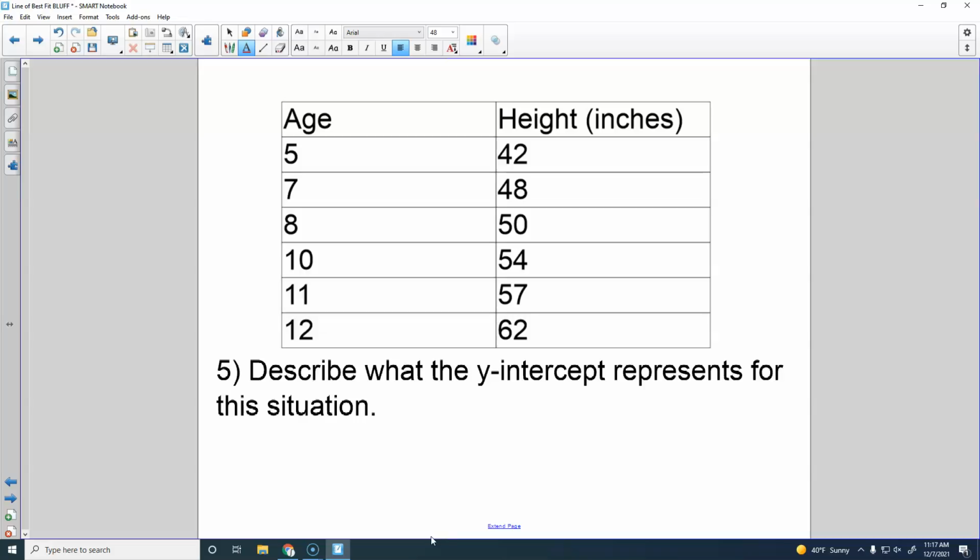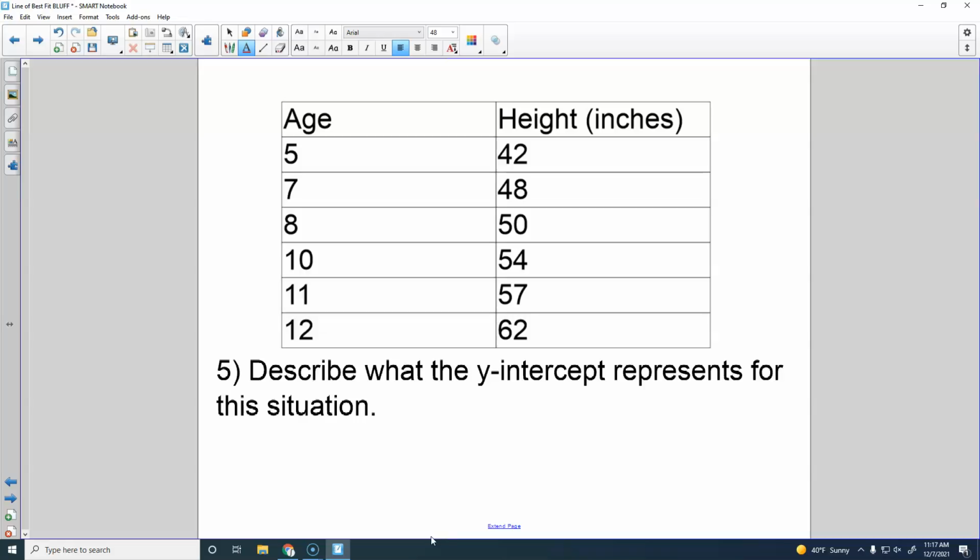The problem with both of those is you're reading it off like a rate, like it's growing for this amount. But the y-intercept is a point in time, one time. So you need to say when he was 0 years old, he was 27.8 or whatever that number was.